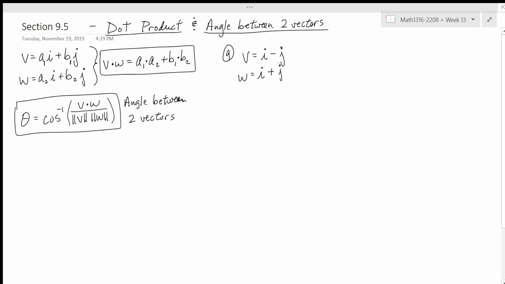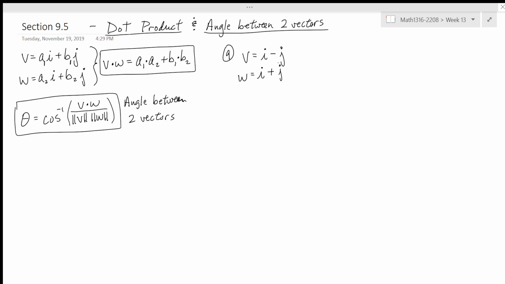Yeah, we'll start easy. So what are the values of a and b this time? They're all 1s. Do you see that? Oh, except for the first j, it's a -1, but they're all 1s.